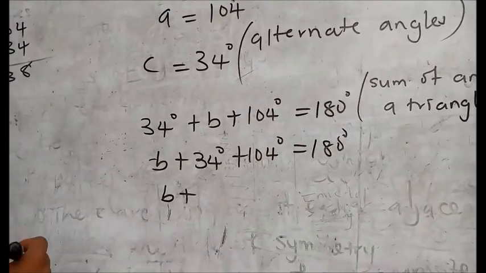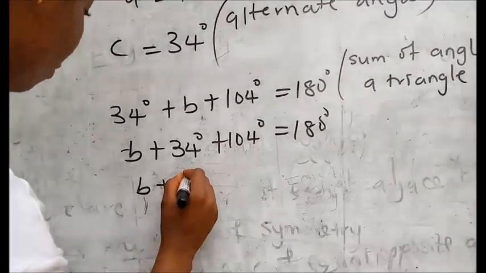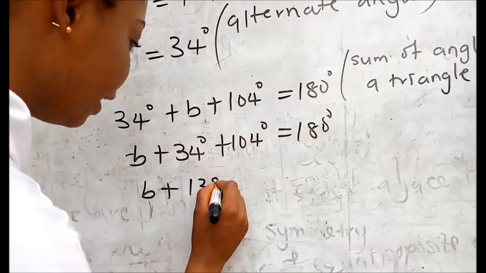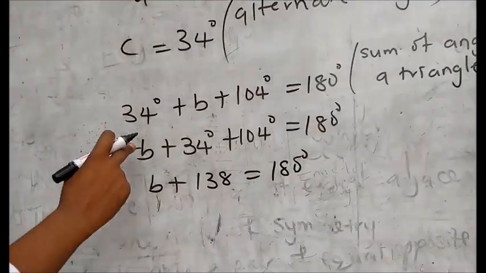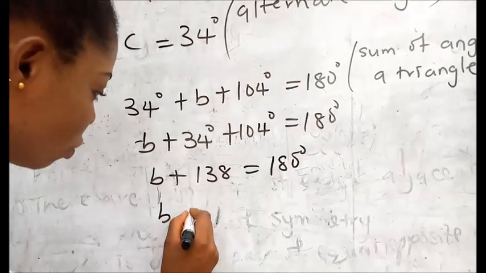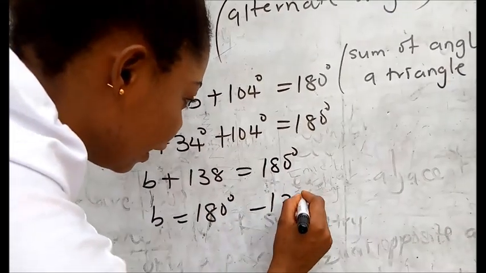I'll have my answer to be 138 equals 180 degrees. And I'm still looking for the value of B. So my B equals 180 degrees minus 138.